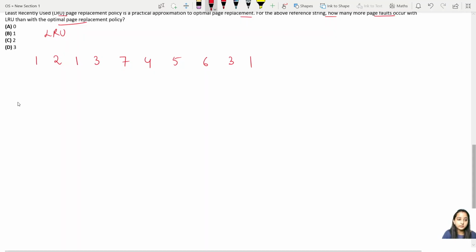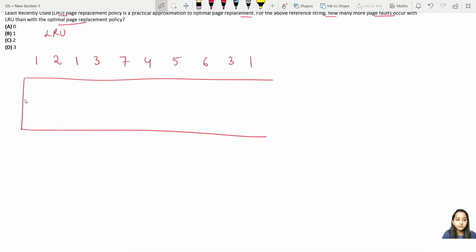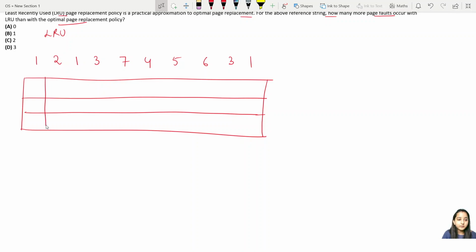I have to use the same number of page frames, because it is the same data; the only difference is the page replacement policy. So here 1 came, then 2 will come. Here there is no need to replace a page, so a hit occurs. Then 1, 2, 3. 3 will arrive.